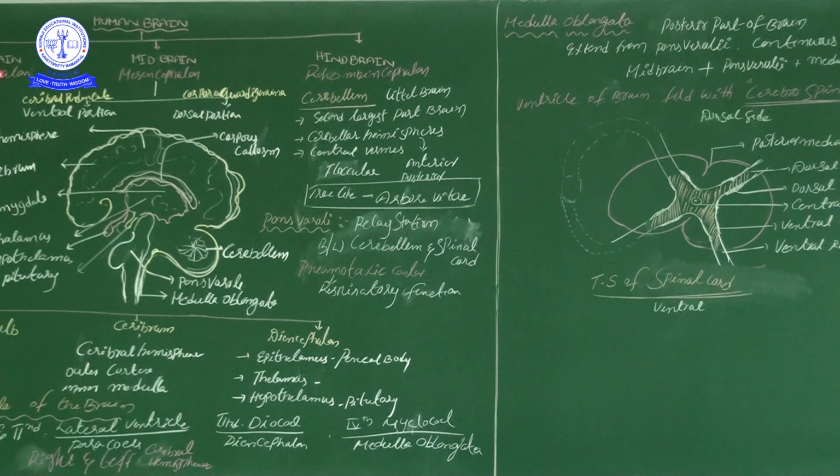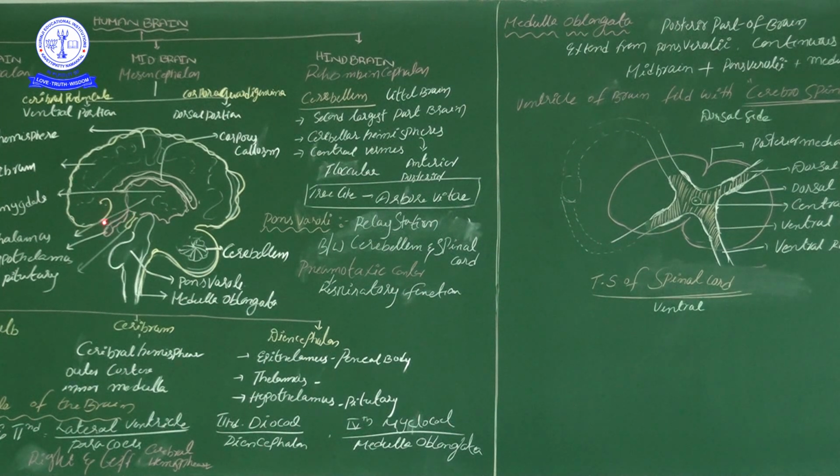Seen here, this is the brain, and this is the forebrain, divided into three regions. One is the olfactory lobes, later the cerebrum having two parts, the cerebral hemispheres, that's all. Later the diencephalon, this one.